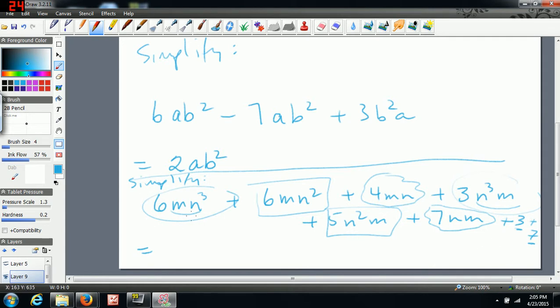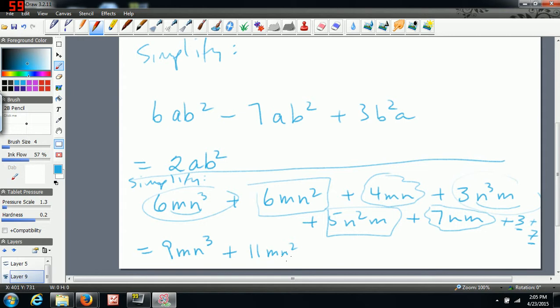So if we want to simplify that, we can go ahead and start simplifying now. So 6mn cubed and 3mn cubed m are like terms, so I would do 9, and I can write it in any order. Okay, so I could write like the first one, or I could write n cubed m. Then 6mn squared plus 5n squared m is equal to 11mn squared.